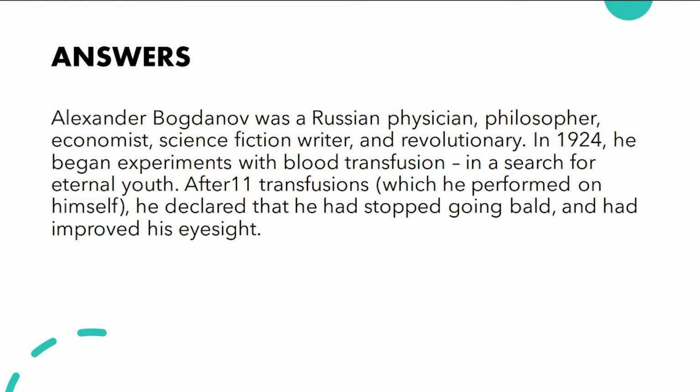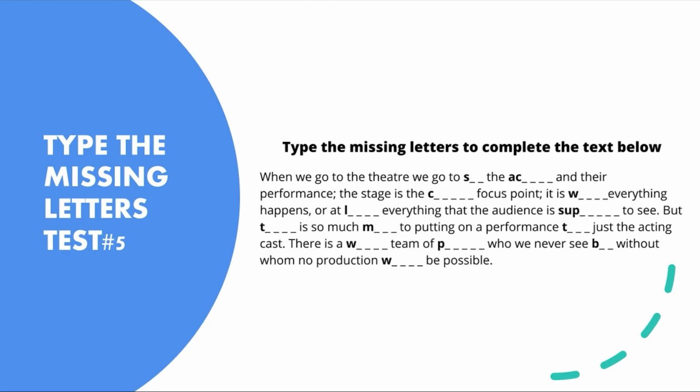In 1924, he began experiments with blood transfusion in a search for eternal youth. After 11 transfusions, which he performed on himself, he declared that he had stopped going bald and had improved his eyesight.